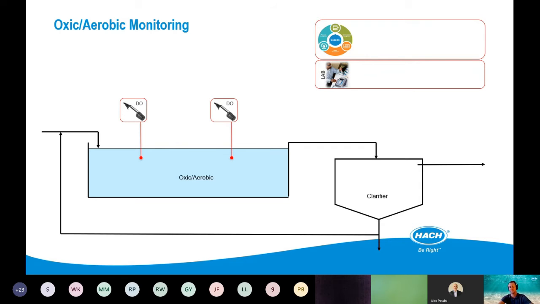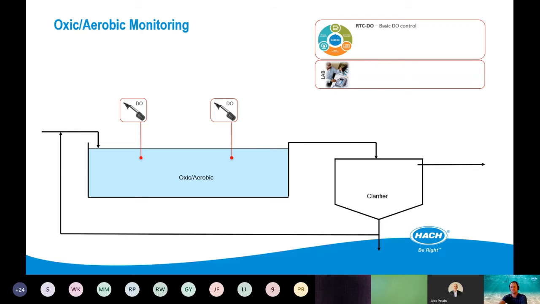And so here, pretty classic, and many people will be familiar with the optical DO probe that can be used. If you have a large basin, you might need multiple DO probes to monitor dissolved oxygen because, like chlorine, we want a residual of dissolved oxygen at certain concentrations that meets our treatment limits.